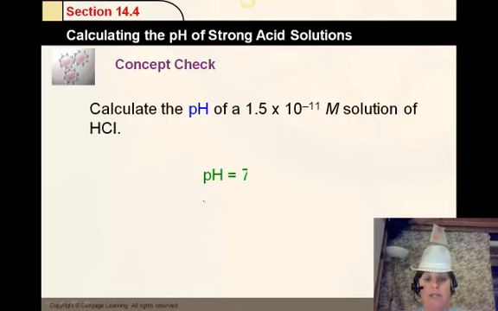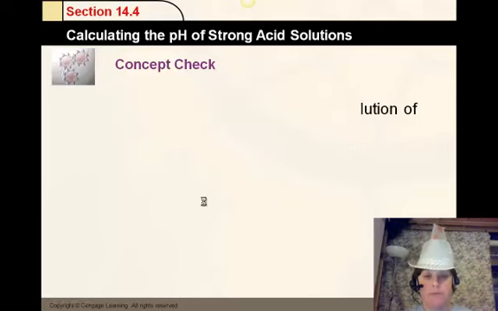Therefore, the pH is going to be 7. So even if I used my trusty calculator, which I just did, and got 10.8, I knew that couldn't be. So there must be something else that's a major contributor of hydrogen ions. In this case, it's the water. Usually that's kind of an unusual situation, but here's an example where a strong acid, at a weak enough concentration, actually has a pH equal to that of water, because it's so dilute.